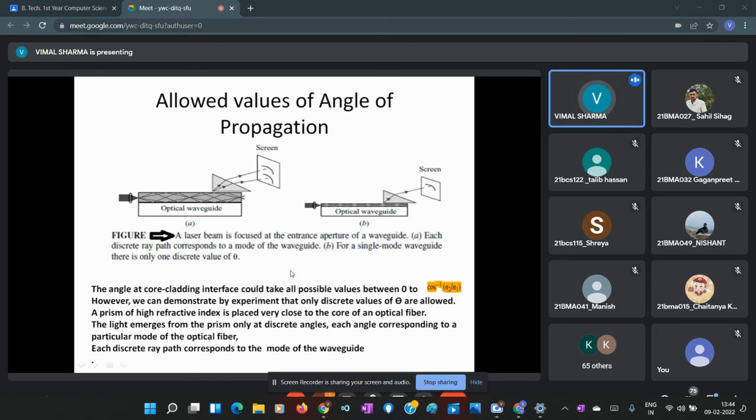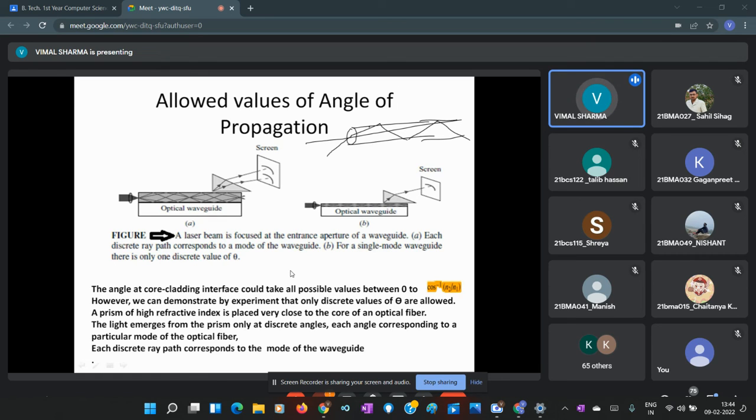These are all allowed values, and again we'll be emphasizing that anything launched at an angle less than the acceptance angle, those are the allowed rays to propagate through the optical fiber.